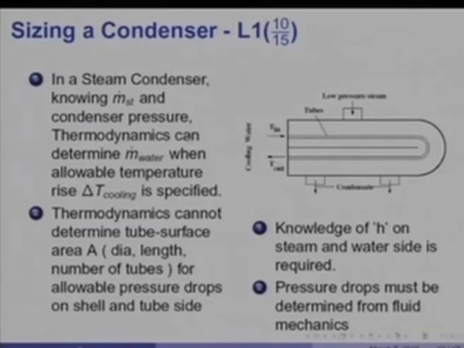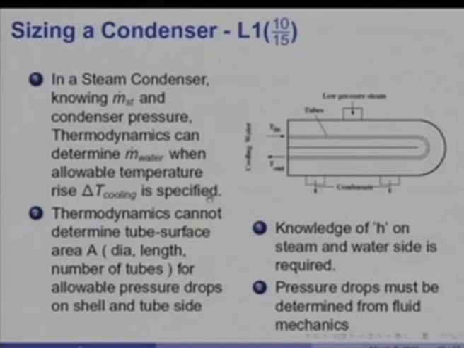So, thermodynamics will tell you what the mass flow rate of water should be for a given mass flow rate of steam. However, what thermodynamics cannot tell you is how many tubes will be required, or in other words, what would be the surface area required at the interface between the tube and the steam. For example, its diameter, length, number of tubes, etc.